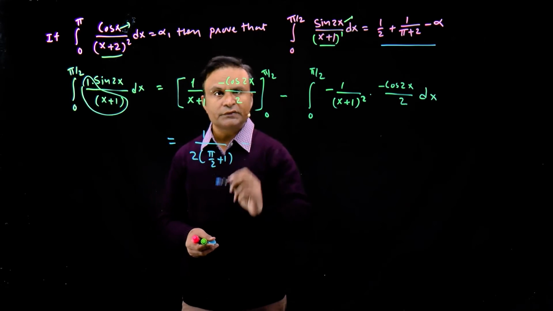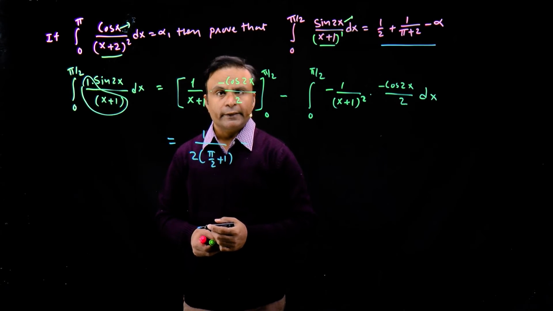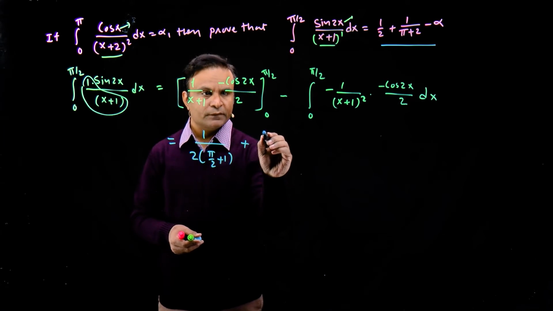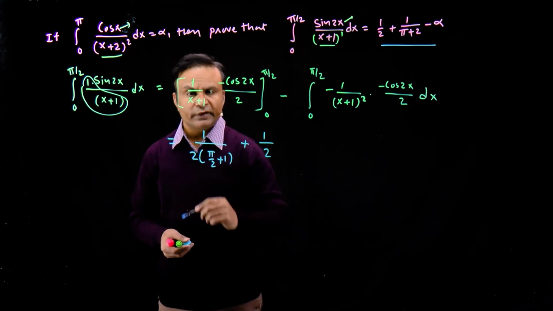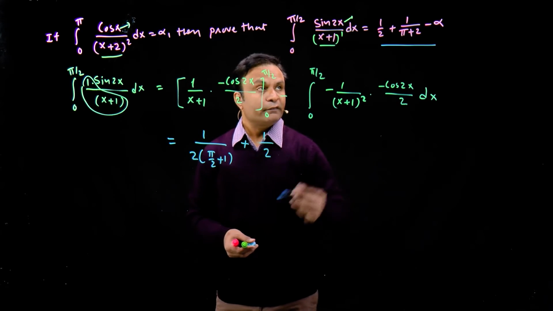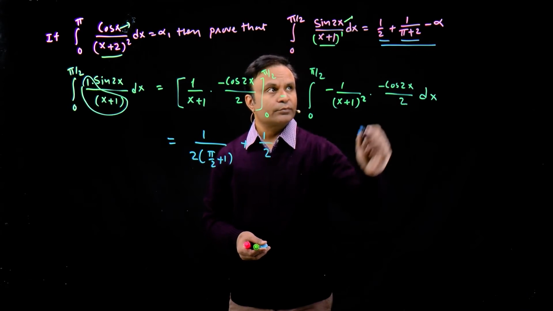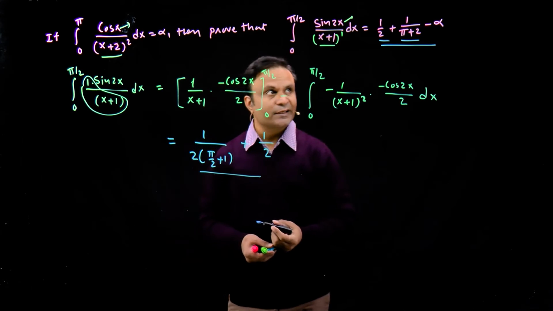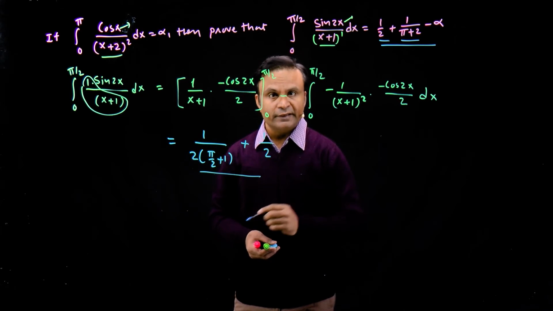Minus, if I put 0, cos 0 is 1, but here we have a minus sign again, so actually I will have a plus sign here, and this is 1 upon 2, because here we have 0 plus 1, that is 1. We are getting this half plus 1 upon (pi plus 2). So we are going in the right direction.